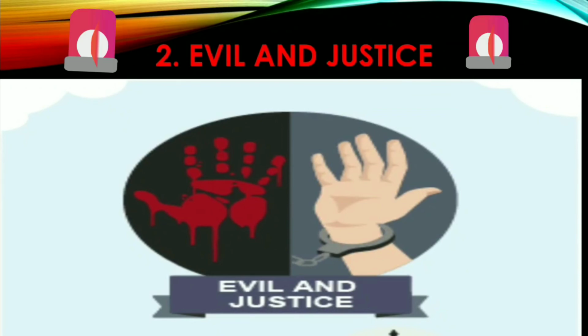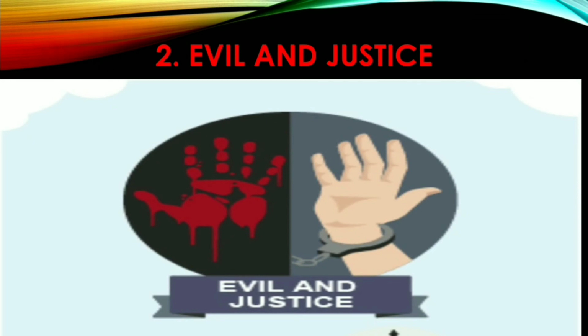We have also seen the character of Jonathan Small, who is upset by the injustice that he will never enjoy the treasure that he believes is rightly his, despite the fact that he acquired the treasure by murdering a man. So we have seen the theme of evil and justice throughout the story.